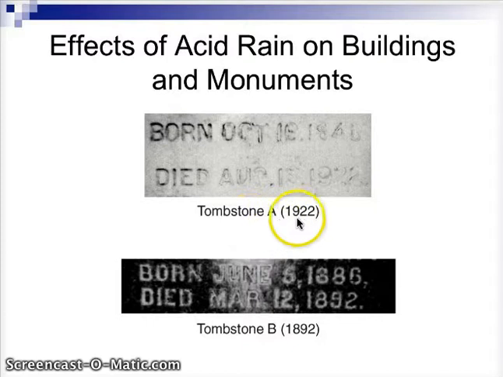Here's a tombstone from 1922. Here's a tombstone from 1892. This one is much older, but easier to read. The reason for it is that this is probably made of something like granite, which is more resistant to acid rain than something like this, which may have been marble, and it breaks down really easily with acid rain.